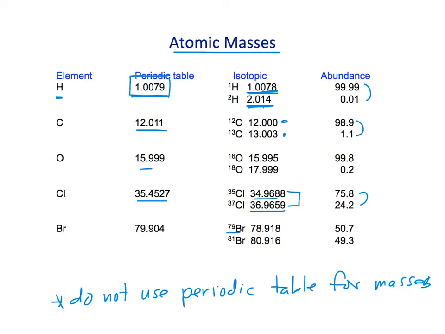Here's bromine's 79 and bromine 81 in a 50.7 to 49.3 ratio, so roughly 1-to-1, and the mass comes out right in between on the periodic table. So chlorine is 3-to-1 and bromine is 1-to-1, right? And carbon has this 1.1%, which we said was the M+1 peak.